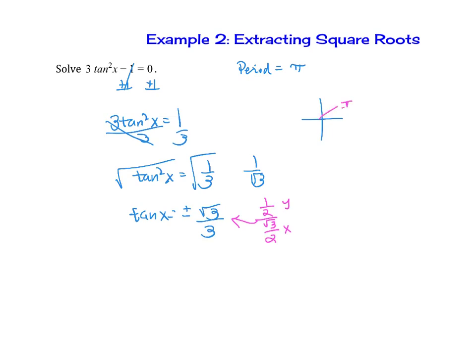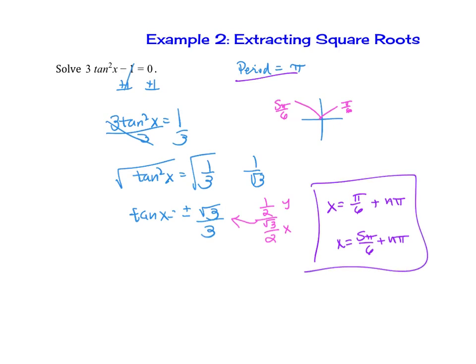That tells me I'm here at pi over 6. And then I need the negative as well, so it is also at 5 pi over 6. So my answer is x equals pi over 6 plus n pi. Instead of 2n pi, it's just n pi, because the period for tangent is just pi. Then it's x equals 5 pi over 6 plus n pi, and here is our solution.